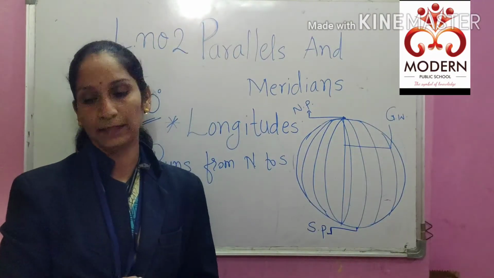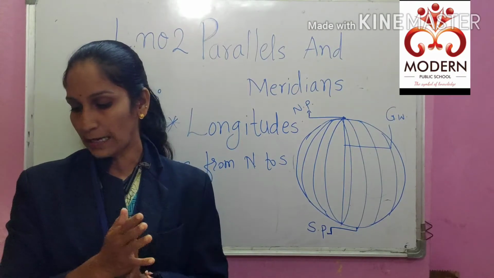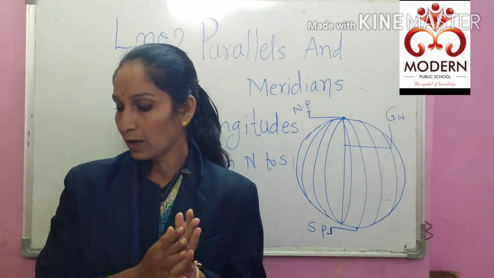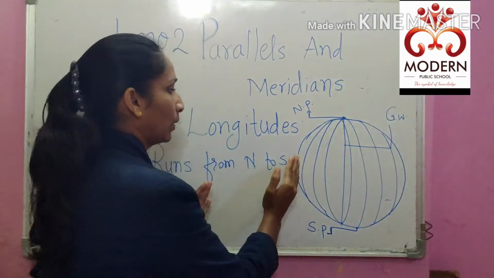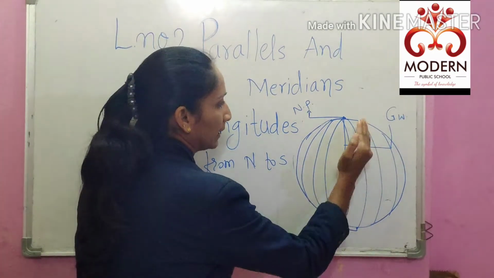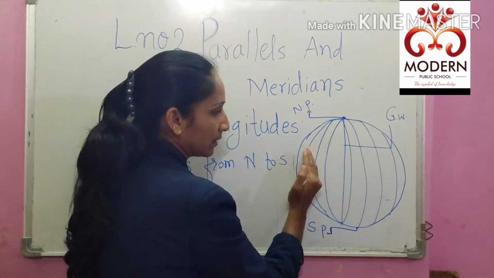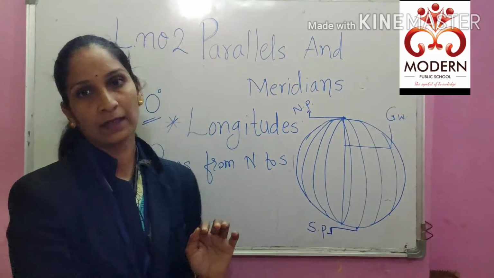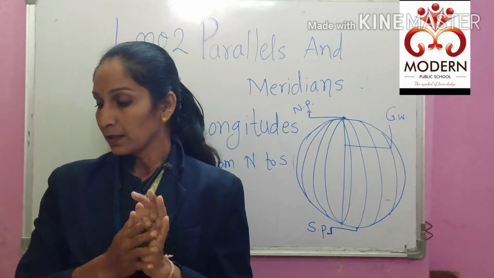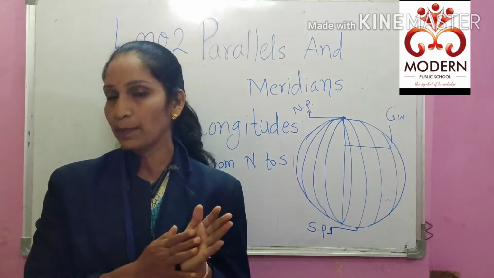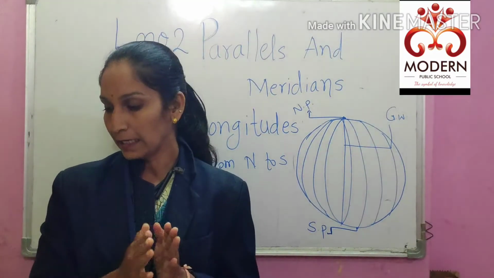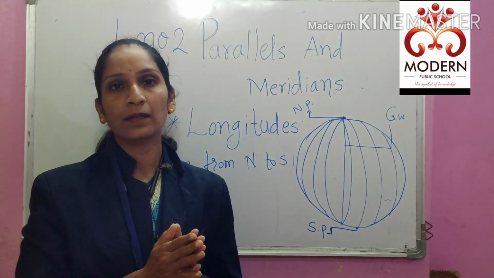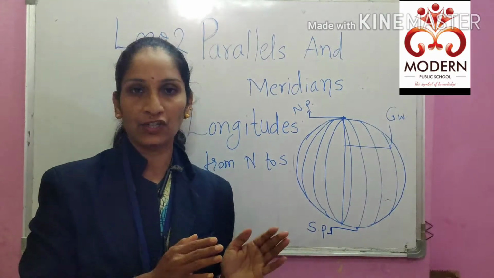Facts about meridians. All meridians, or lines of longitude, are of the same length. So meridians help to measure distance in the east to west direction.